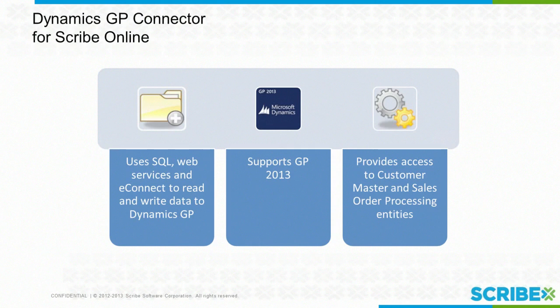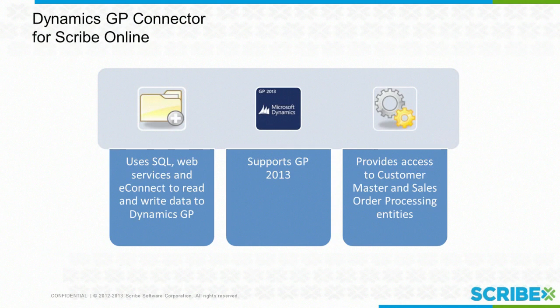So this Dynamics GP connector uses a combination of different methods to get data in and out of GP. We're using a combination of SQL for queries on the source side, and web services primarily for target operations, and then eConnect for filling in any gaps that may be there between the other two methods. Not everything is available through the web service API.